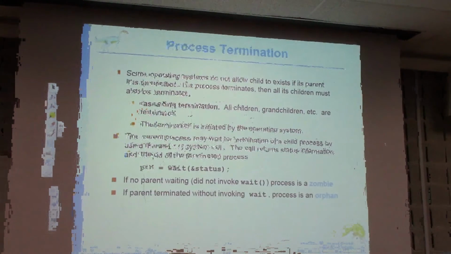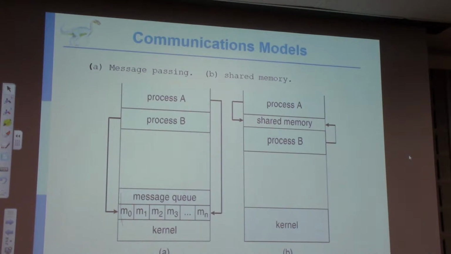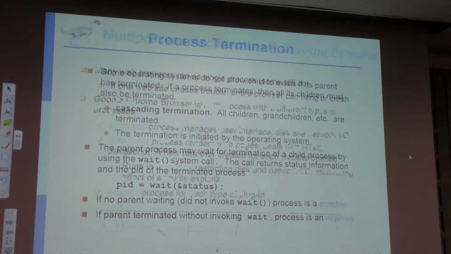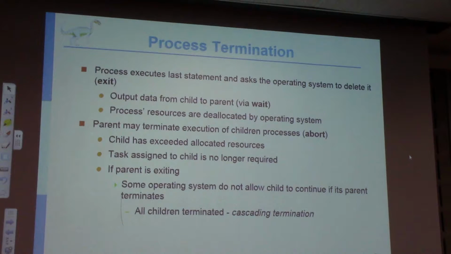So you can see, there's no diagram to see the difference of the abort. Okay. So parent can terminate such a children process forcefully. At that time, you can send the abort signal.